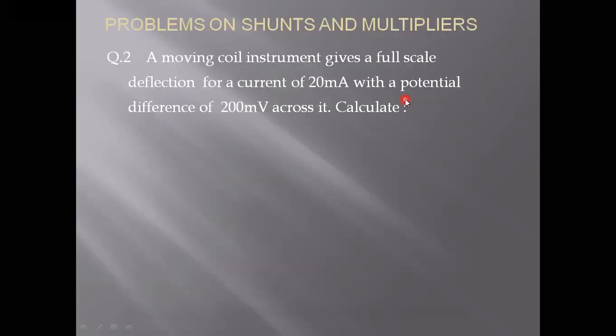Let us see another problem. A moving coil instrument gives a full-scale deflection for a current of 20 milliampere with a potential difference of 200 millivolt across it. So they have given a meter. I'll just draw the meter.